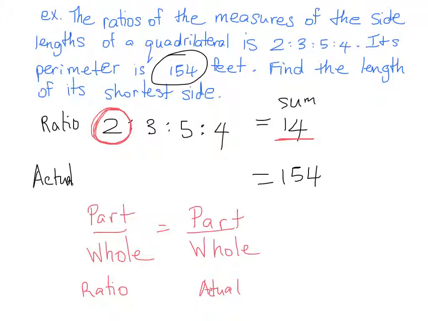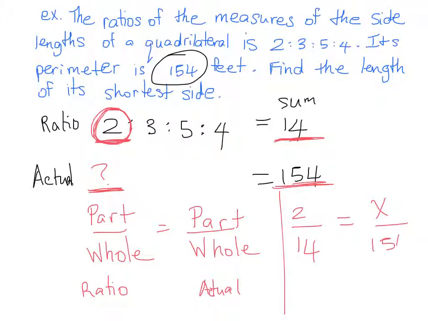So our part, which is 2, over our whole, which is 14, is going to be equivalent to our actual part, which we don't know, so let's call it x, over our actual whole, which we do know is the perimeter, 154.